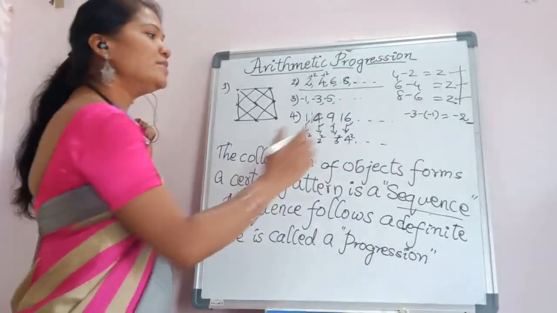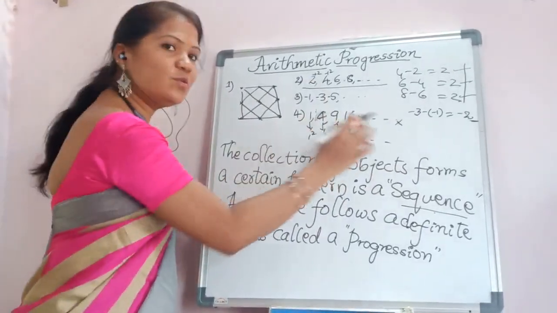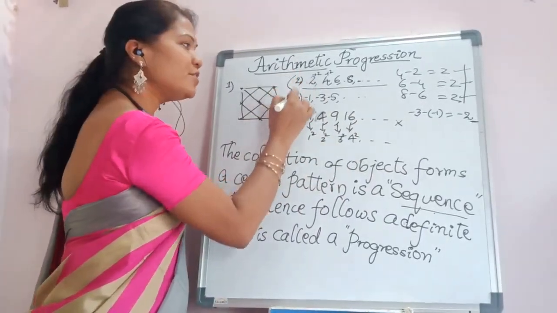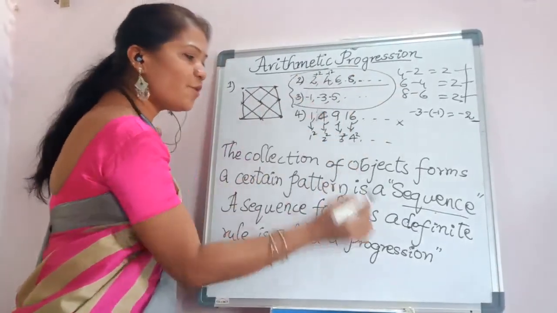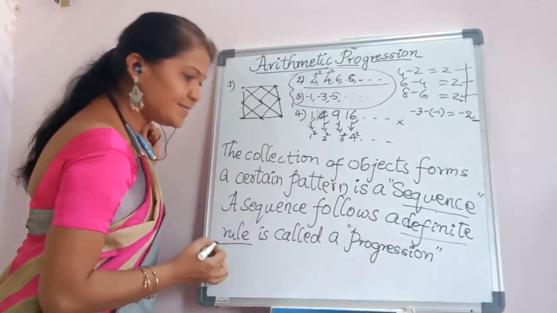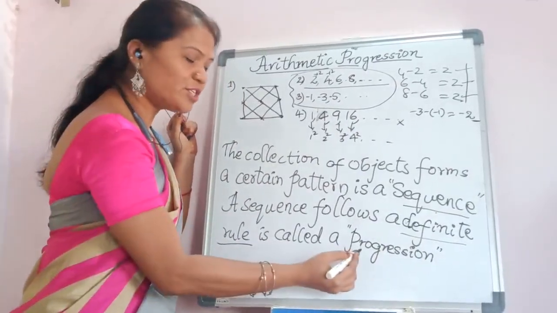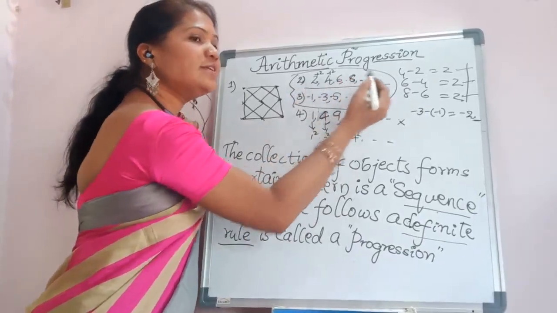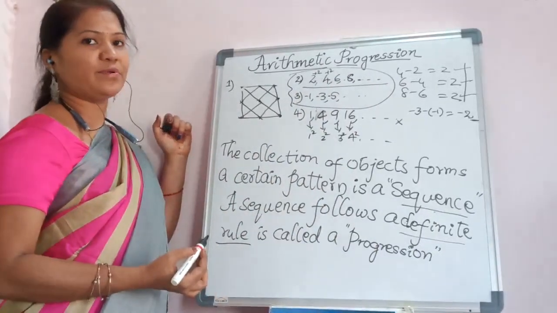So this is not a progression. It is not following a rule. These two examples are following a rule. So a sequence which follows a definite rule is said to be a progression.